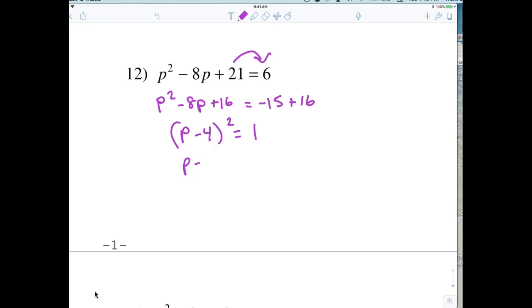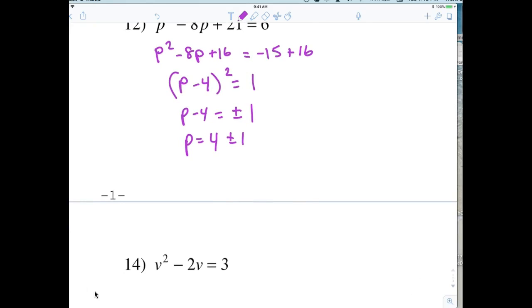So p minus 4 equals plus or minus 1. So p equals 4 plus or minus 1. So p is equal to 5 or p equals 3. Everybody good with that?